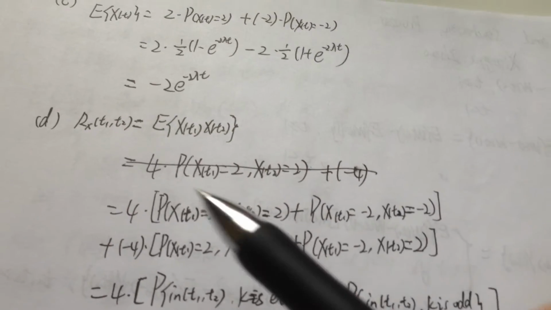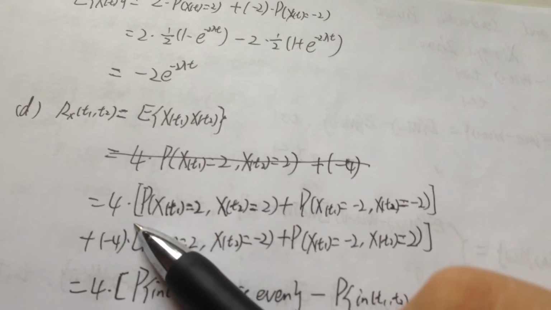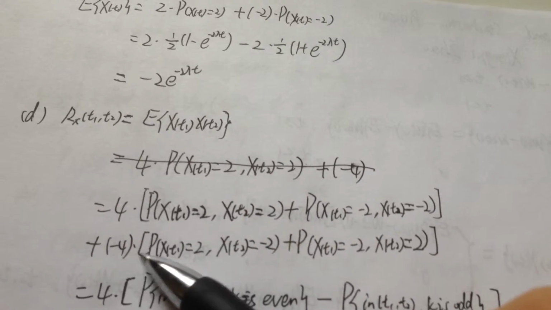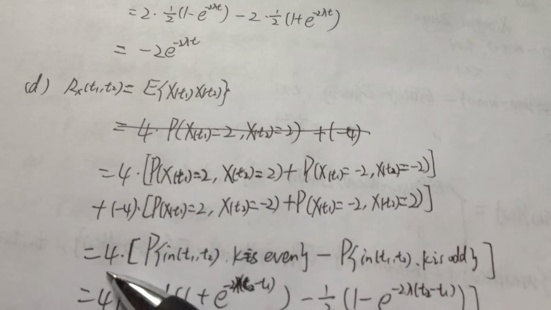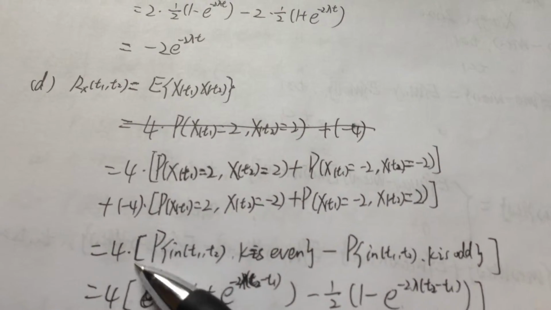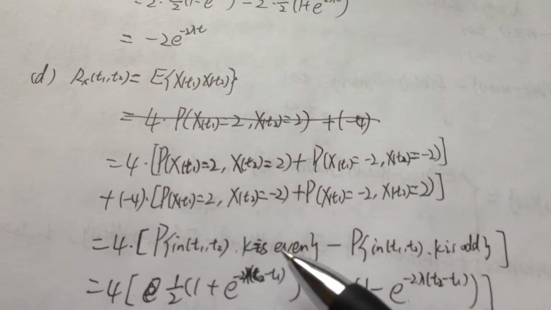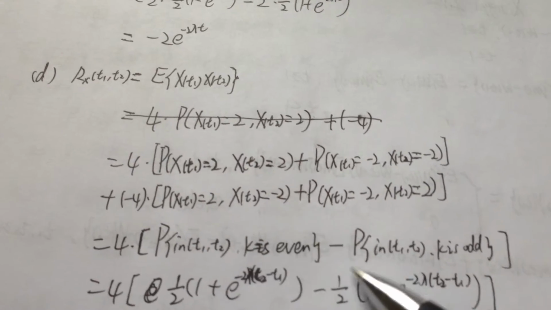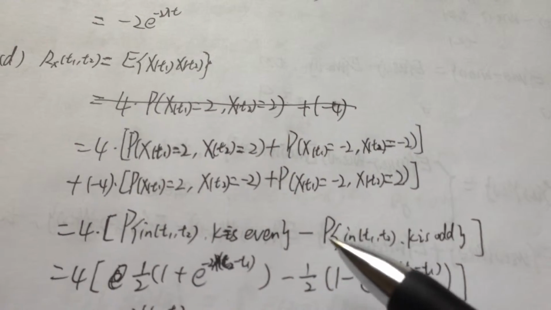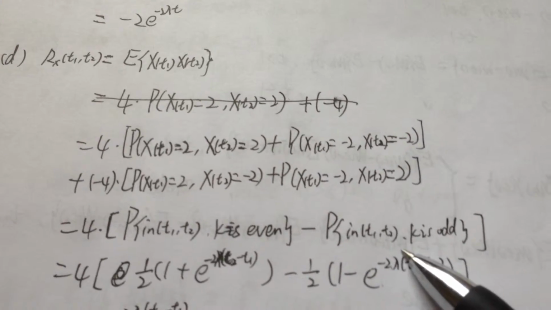The product of X(t1) and X(t2) equals 4, and otherwise it equals minus 4. We can rewrite it as 4 times the probability that k is even in the interval t1 to t2 minus the probability that k is odd in the interval t1 to t2.